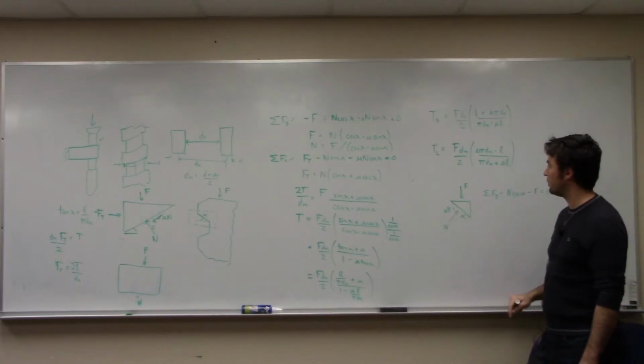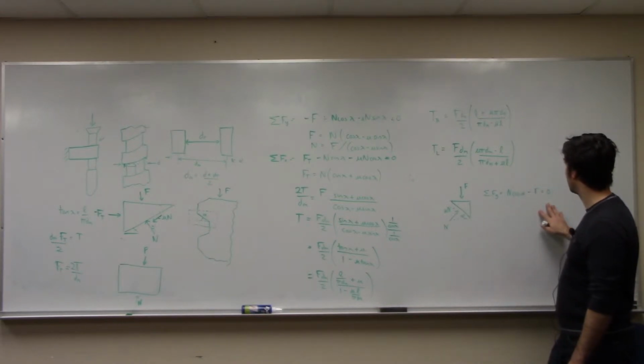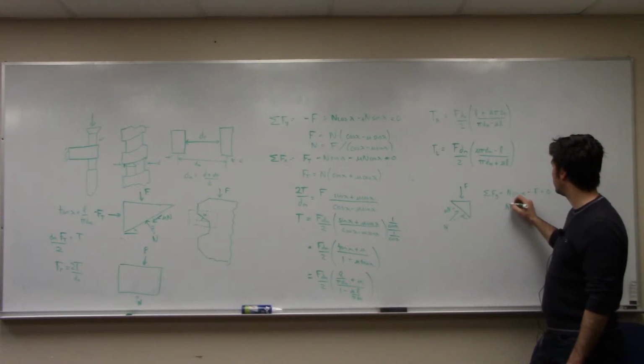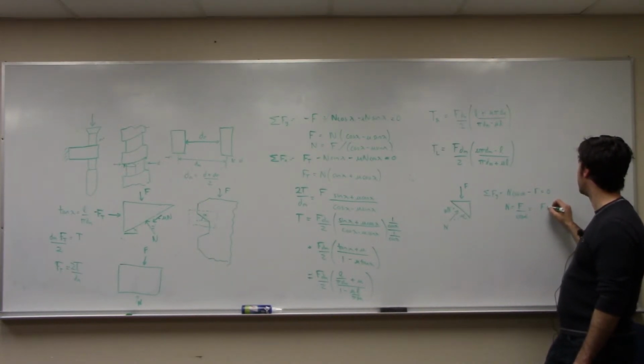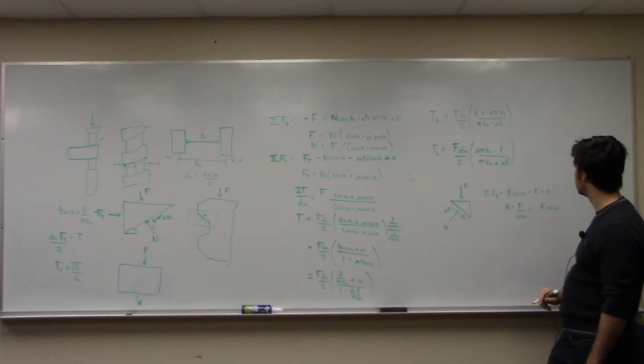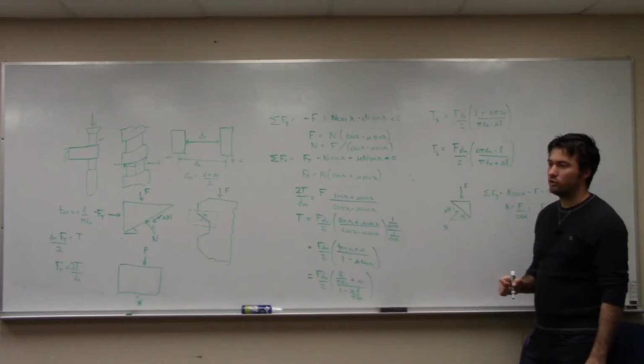This friction force into the board is not going to affect anything. So our normal force is equal to F over cosine alpha. That's equal to F times the secant of alpha. That's going to increase our friction.